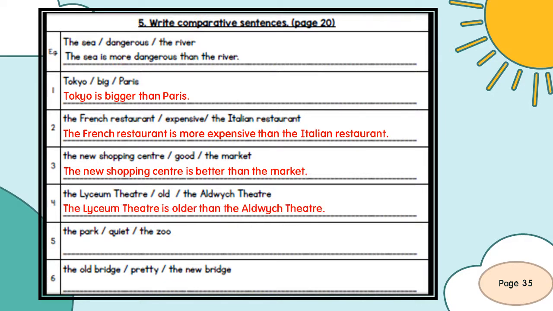The Lyceum Theatre is older than the Woolwich Theatre. Number 5. The park is quieter than the zoo. Number 6. The old bridge is prettier than the new bridge.